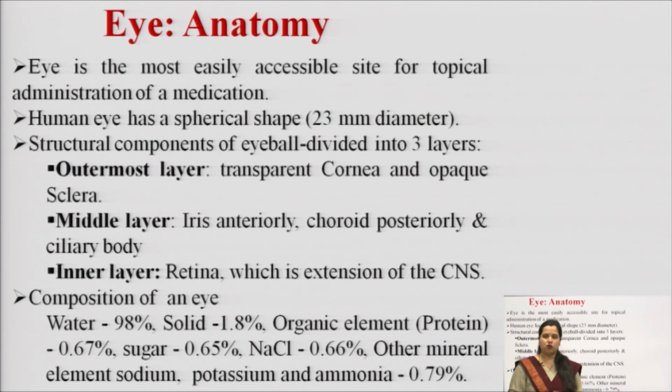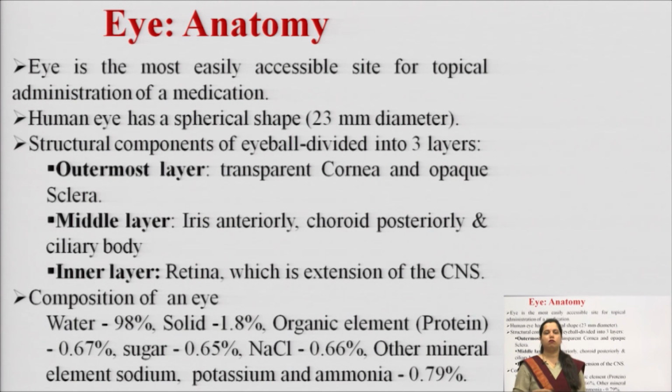What are those structural components? Number 1 is the outermost layer, which consists of the transparent cornea and opaque sclera, right. That means the outermost compartment consists of cornea and sclera.